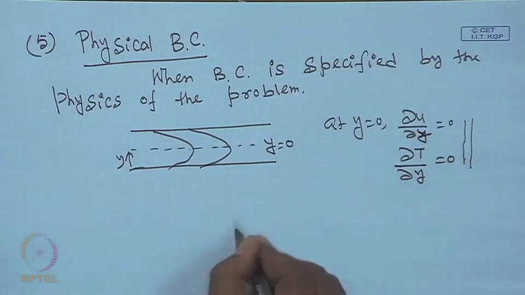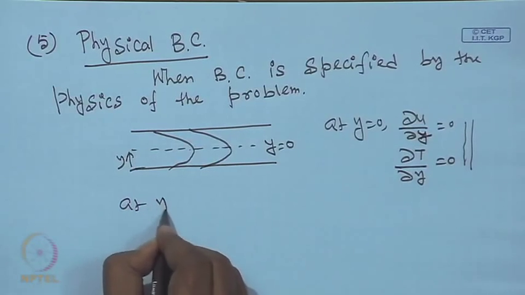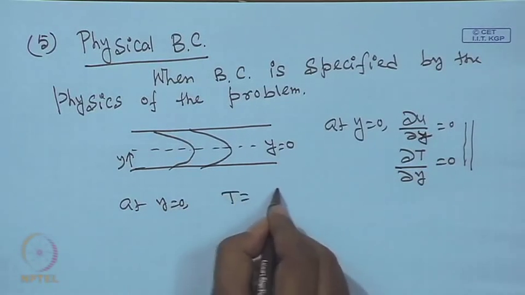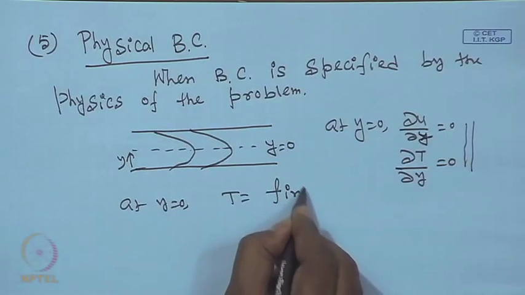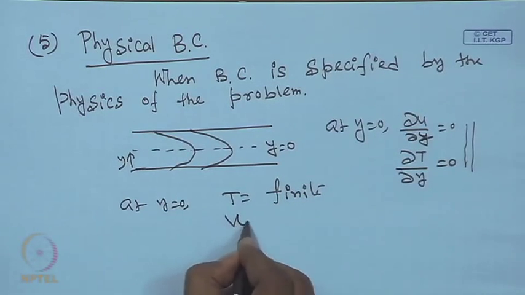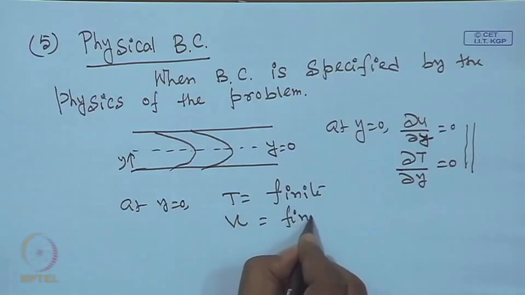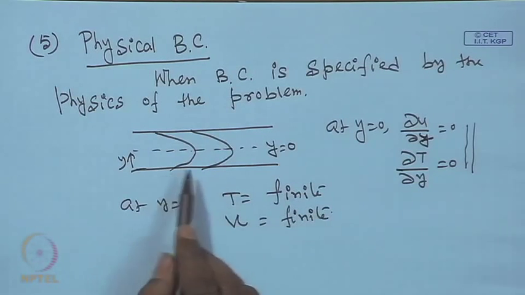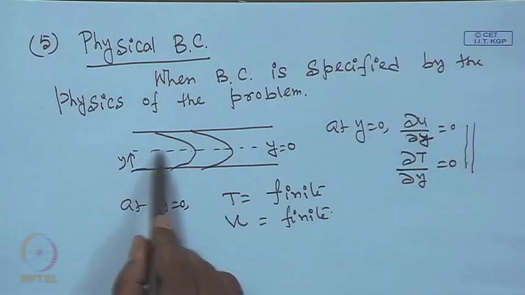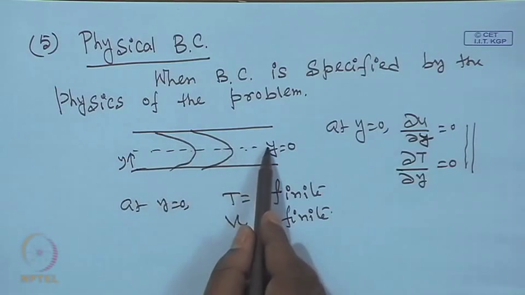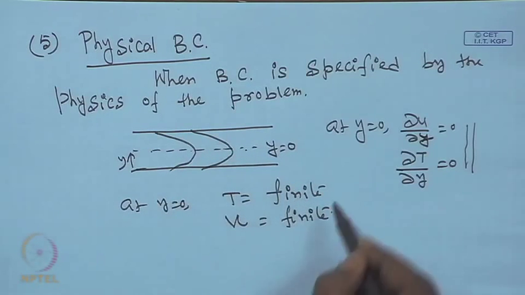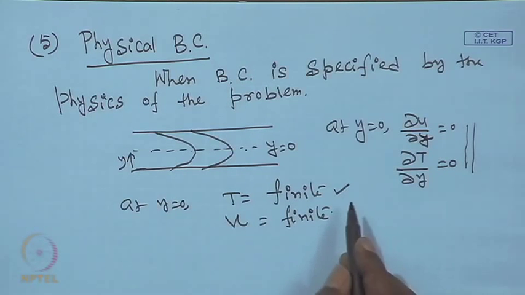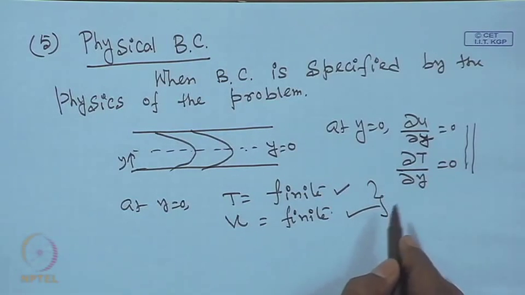Or we can say at y is equal to 0, T is finite, or velocity is finite. That means at y equal to 0, at the middle of the channel, the temperature must assume a finite value, the velocity must assume a finite value, but we do not know its value.